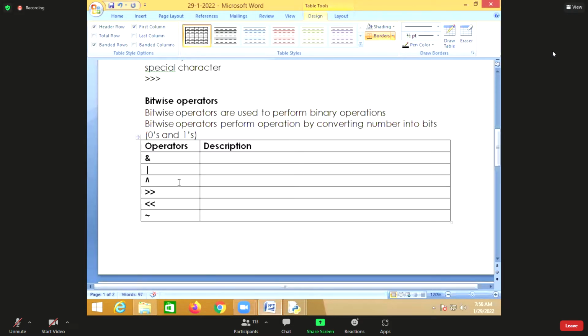This is called the bitwise AND operator.